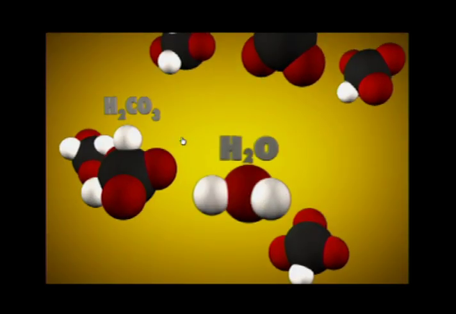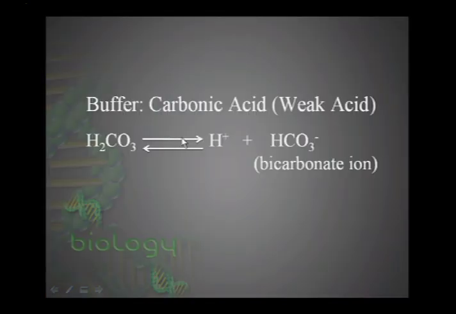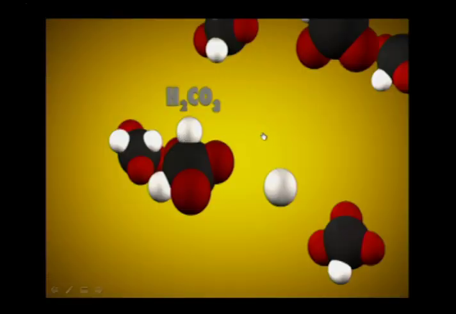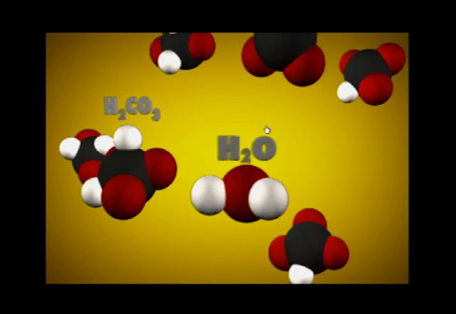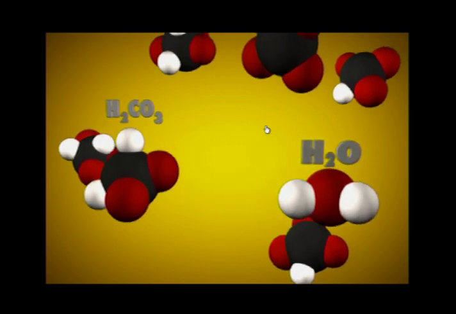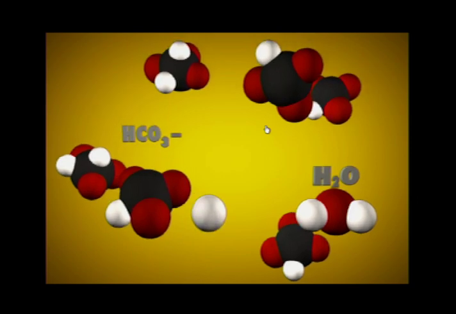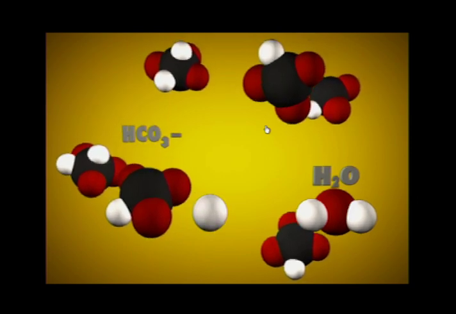So just very quickly, I want to run through these again. So here comes an OH. It binds to form water. That changes the pH of the solution. So carbonic acid will release a hydrogen ion to get it back to its original pH.